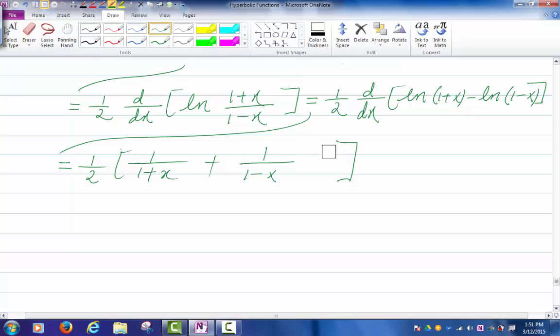Okay, is there anyone who doesn't know how to add these two fractions? Combine them into one fraction. How would you do it? Take the common denominator, right? What's the common denominator? Yeah, 1 plus x times 1 minus x, or 1 minus x squared. And then in the numerator I'll be getting two terms, right?